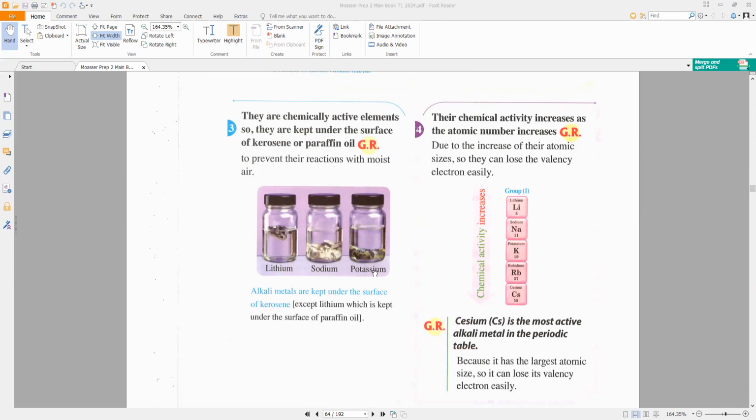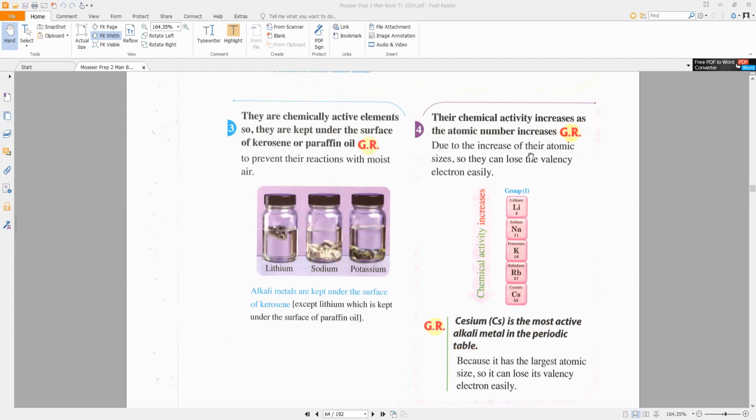Sodium and potassium are kept under kerosene, and all of the alkali metals are kept under kerosene except lithium, which is kept under paraffin oil because it floats in kerosene. That is dangerous because its surface would be exposed to the air and it would react. So we keep lithium in paraffin oil because it sinks in paraffin oil.